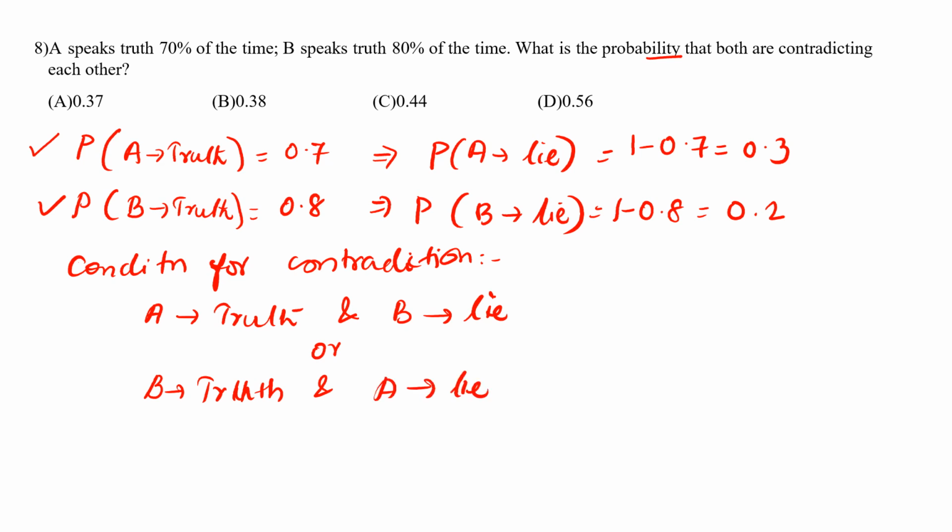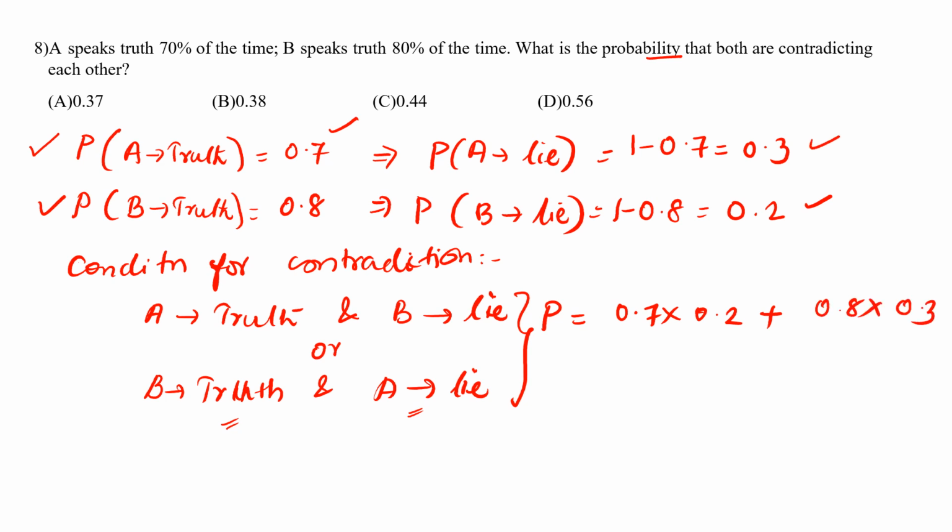Okay, this is the contradiction. So what will be the probability? The probability will be A speaking the truth, probability 0.7, into B lying, 0.2, plus B truth and A lie, that is 0.8 into 0.3, and this is equal to 0.38. That is option B.